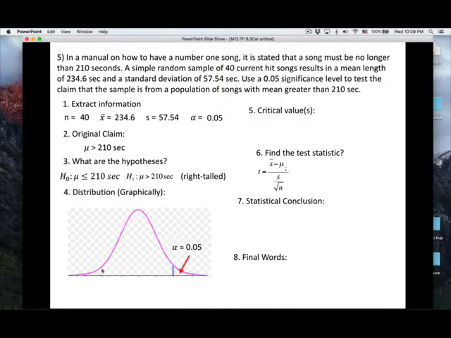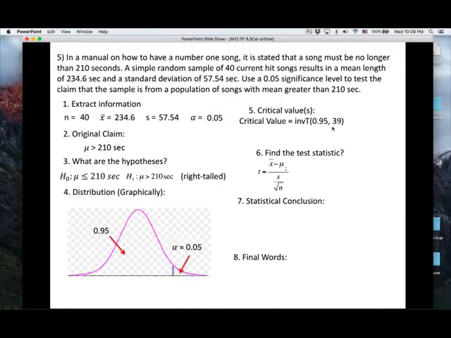Now, let's figure out what the area from the left is. The total area is 1 minus 0.05, which is going to be 0.95 here. Then find your critical value. We'll be using the inverse t, with the area from the left and also the degrees of freedom.